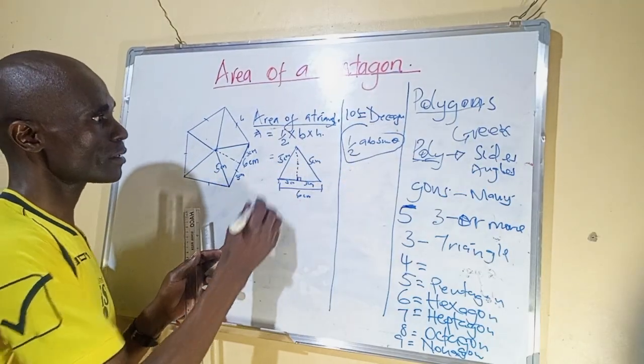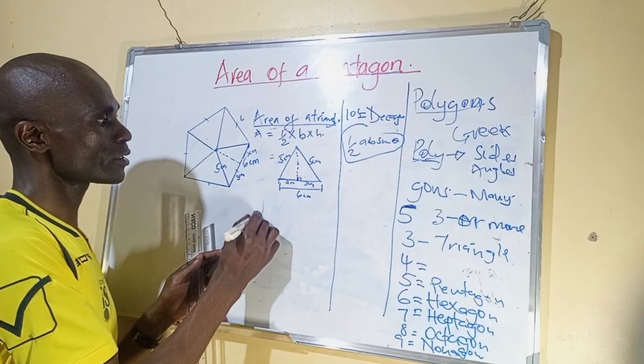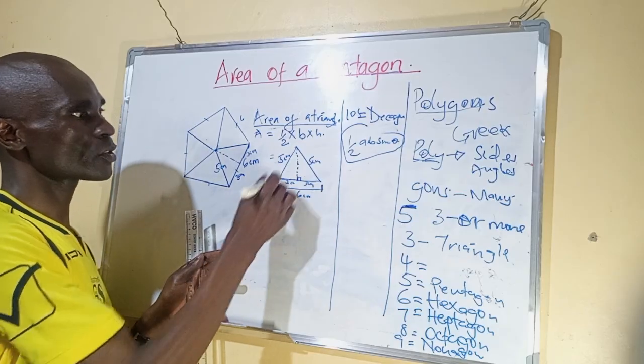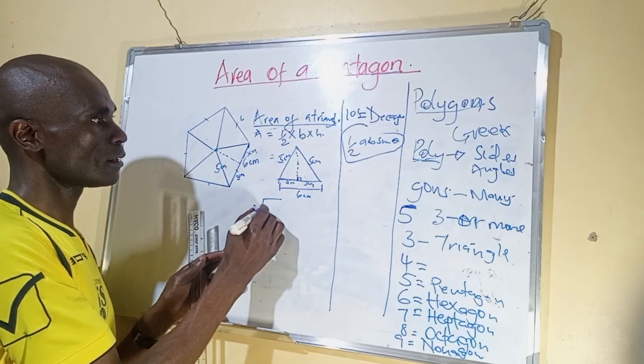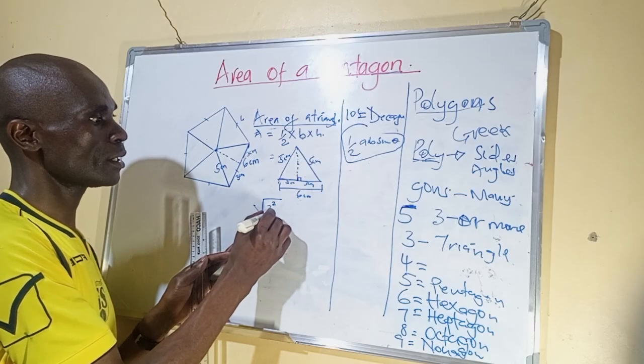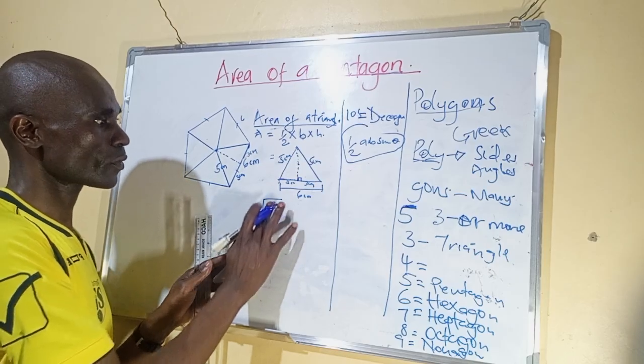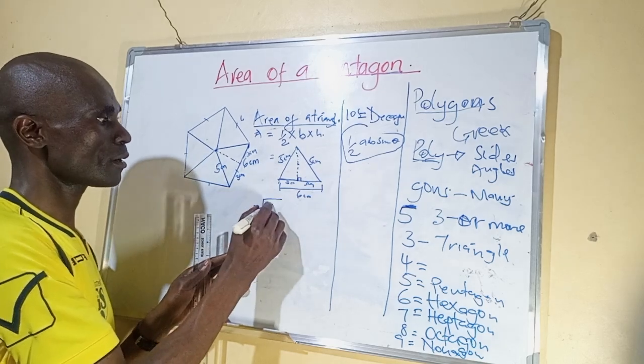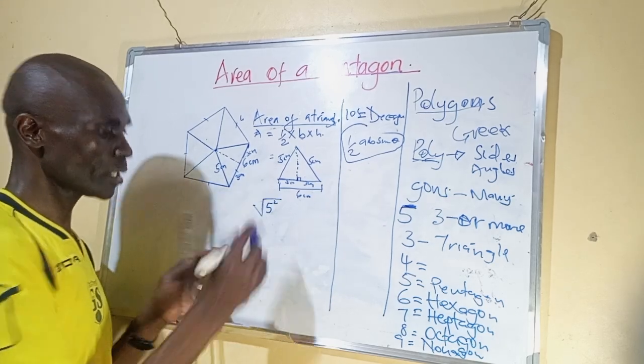So in this case, if we take the square root, therefore, the square root of 5 squared.